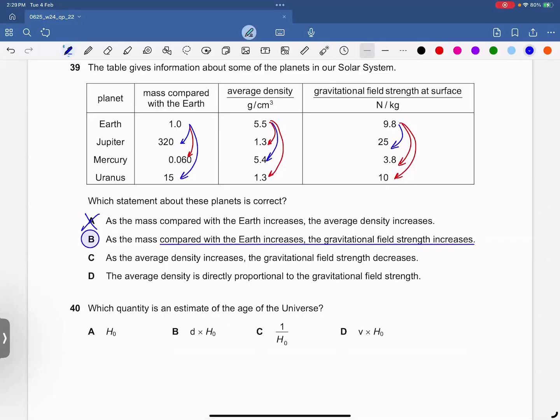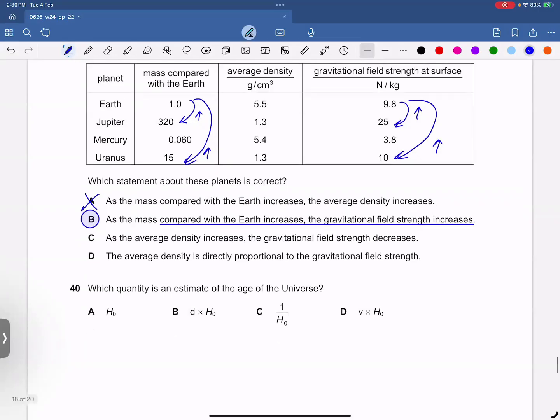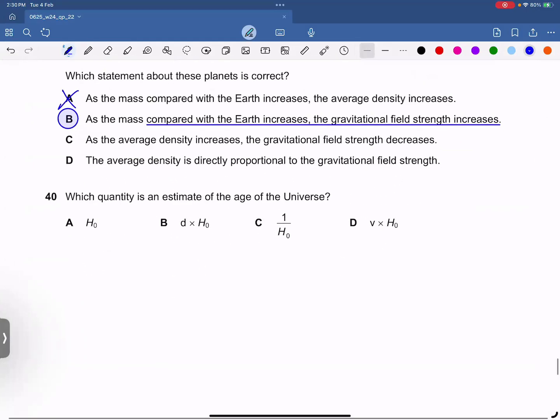Look, my dear students, I will just erase and highlight for you. Mass more, mass more, g more, g more. So the option is B. We proceed to the last question. What is the estimate of the age of the universe? The age of the universe has two equations.